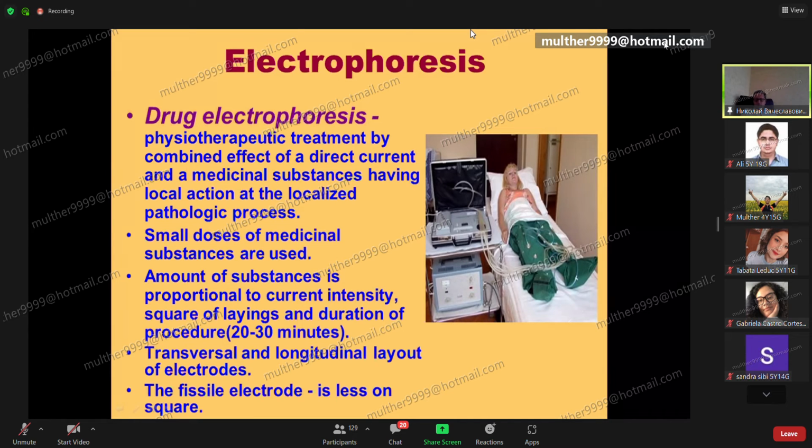Transversal positions, when we locate the first electrode on the chest and the second electrode on the spine surface. It's called transversal position, which can provide more deep penetration of electric current, more deep effects for treatment of deeper organ diseases.